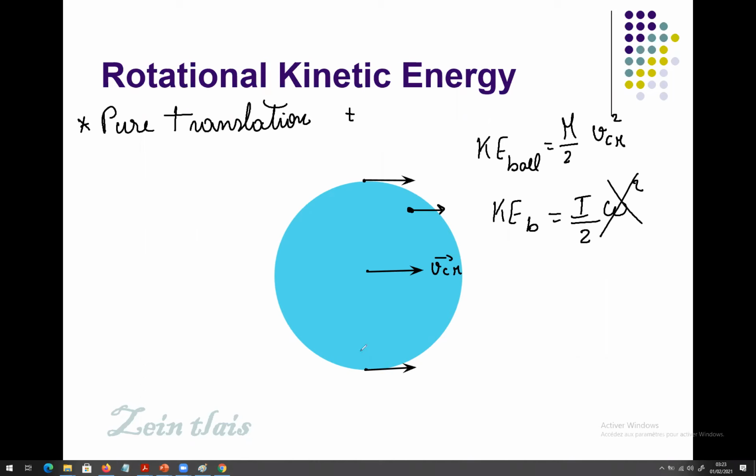If I want to calculate the kinetic energy of the element A, we can say kinetic energy of the element A equals to m of A divided by 2 times VA square. We have only translation. We don't have a relation with omega. Let's take the last case if we have rotation and translation.